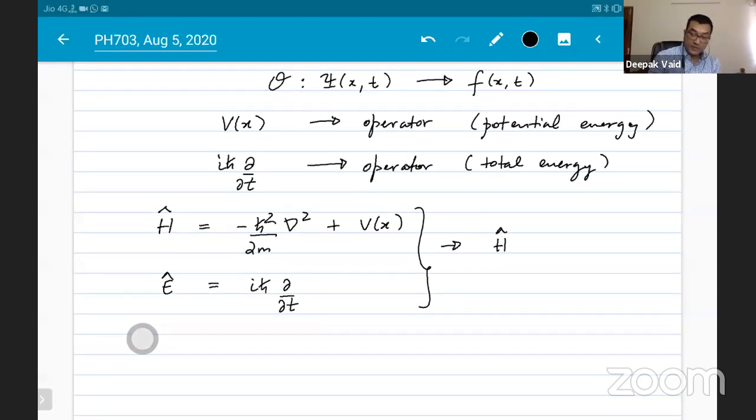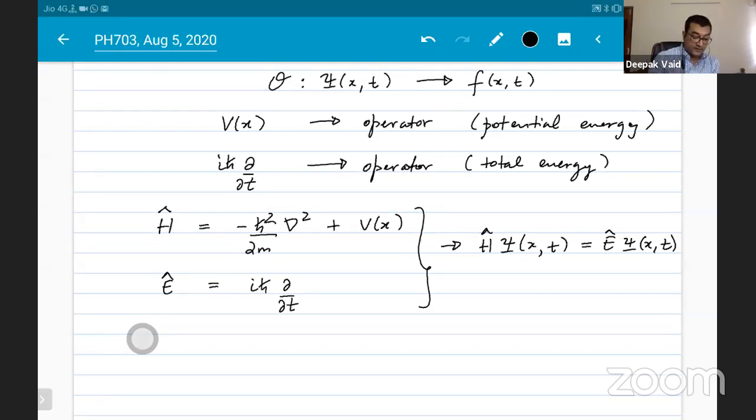You take the Hamiltonian operator and you act on the state psi of x, t with it on the left hand side, and on the right hand side, you act on it with this total energy operator. And these two are equal to each other.